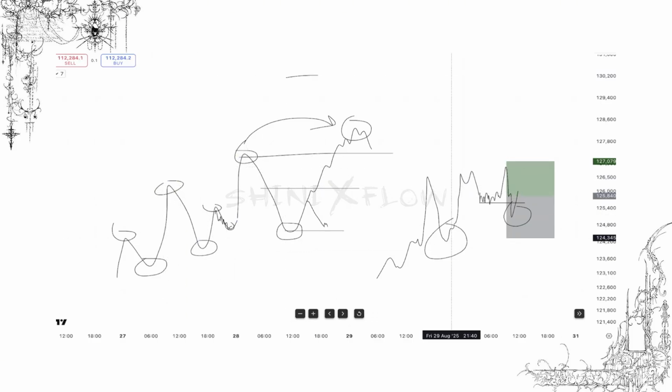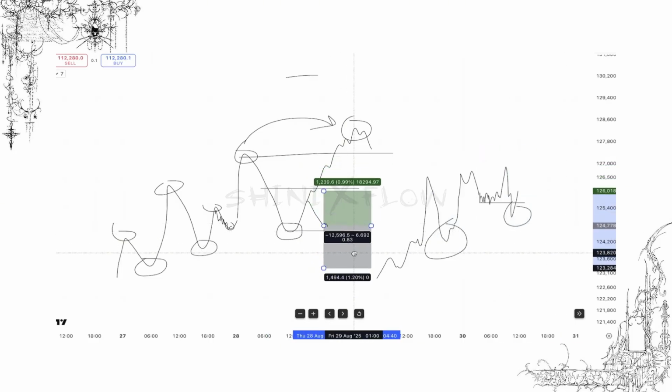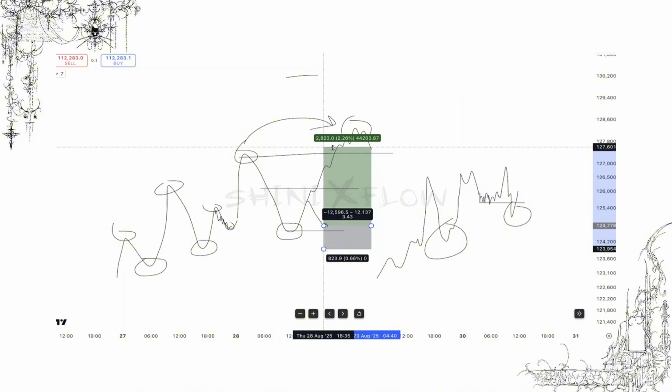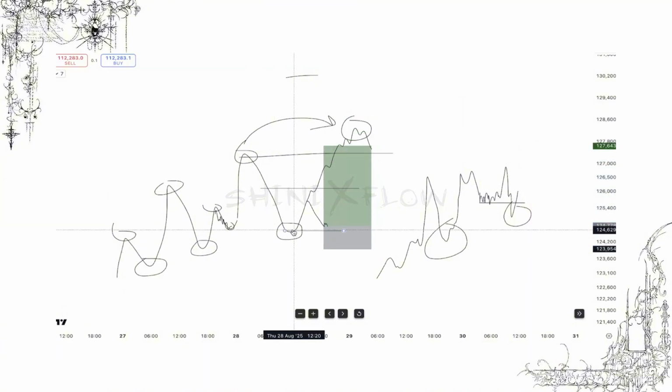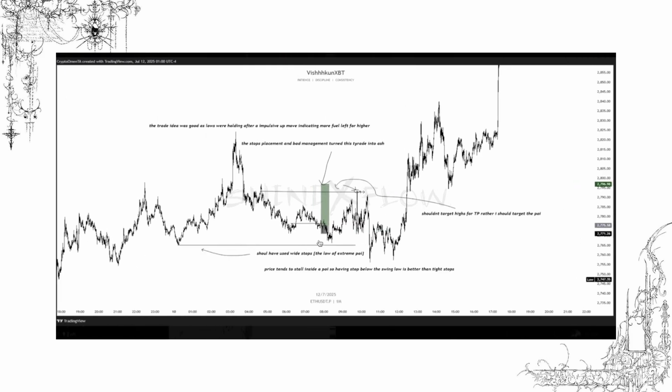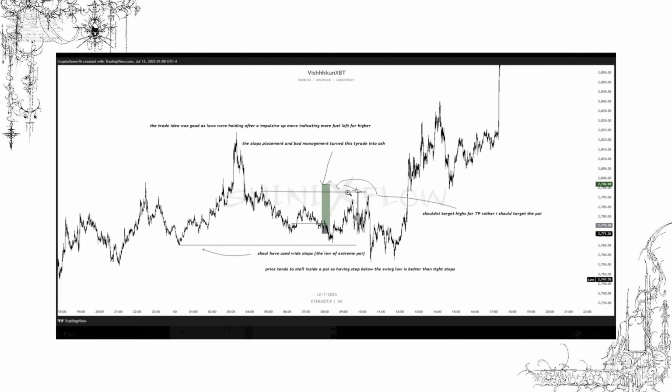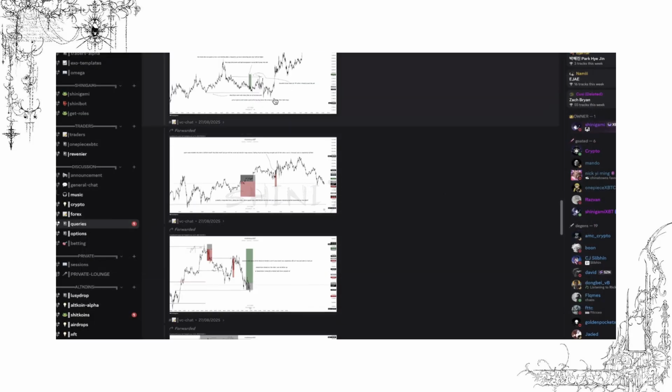You want to position yourself in a way that you always have your stop loss at a pivotal higher low. This was not a pivotal higher low because this was still in the making. So this PA was still in the making, and that's exactly what happened. It took a stop and then just pumped off of here. That's mainly what I see wrong here.